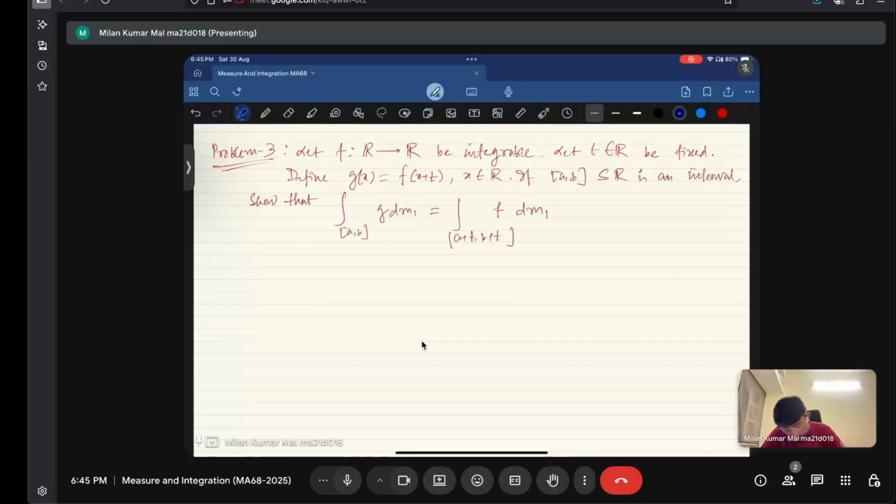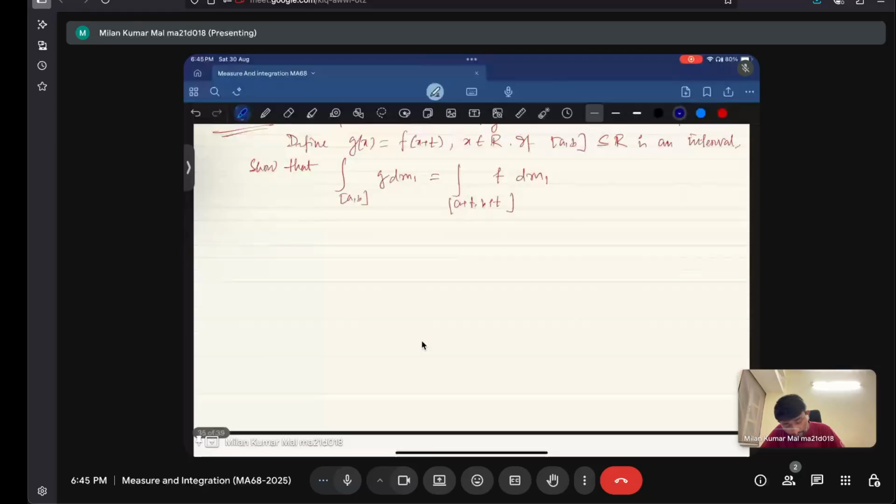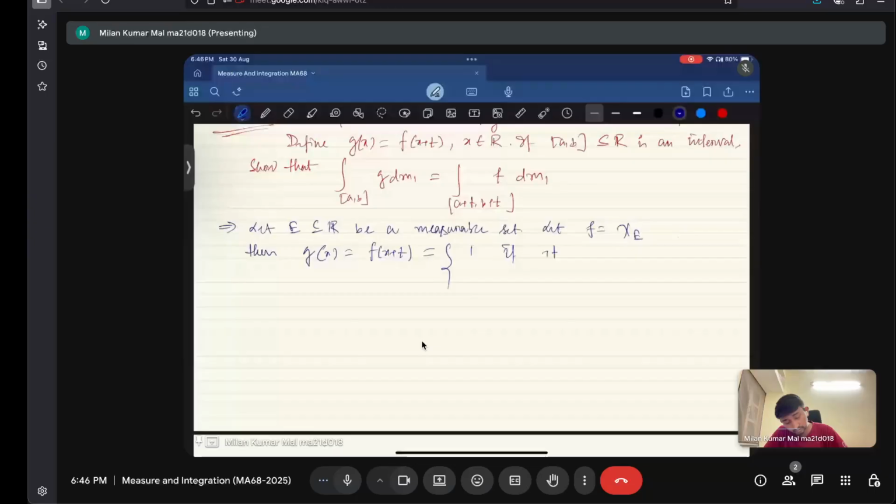Let E subset of R be a measurable set. Let f equal the characteristic function of E. Then g of x, which equals f of x plus t, will be equal to 1 if x plus t belongs to E, and 0 if x plus t does not belong to E. So that is, x belongs to E minus t, or x does not belong to E minus t.